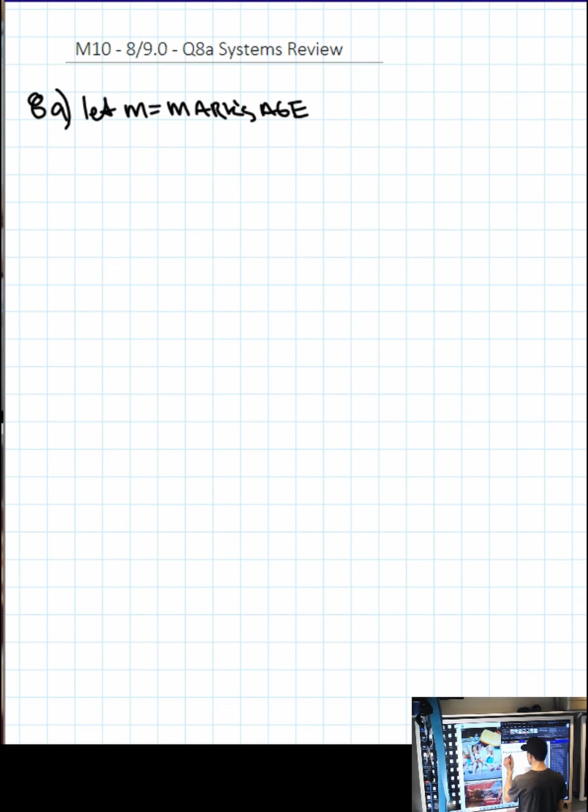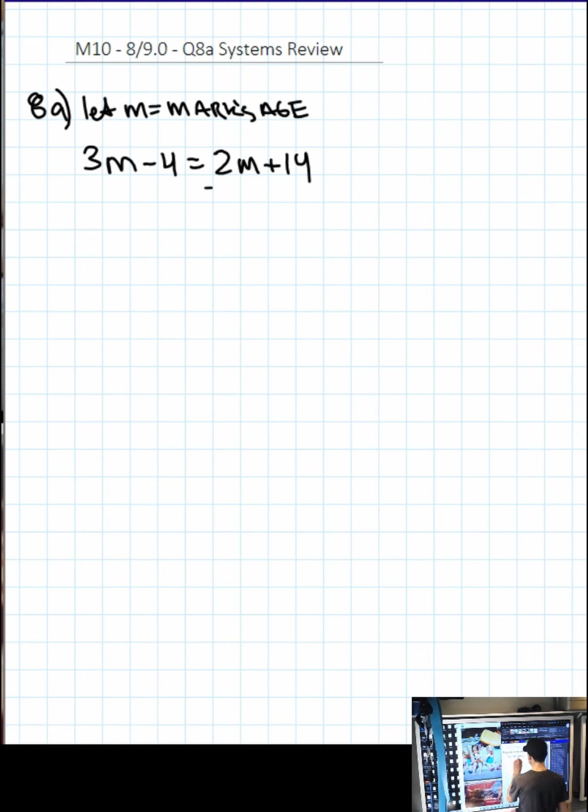If Mark's age is M, triple his age would be 3M. And 4 years less than that would just be minus 4, equal to 14 more than double his age. So double his age would be 2M, and 14 more than that would be plus 14.